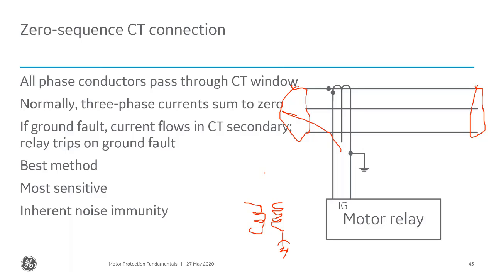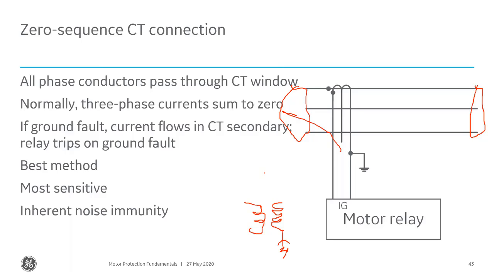If I try to pass 10,000 amps through a CT that's 50 to 5, I'm going to saturate that CT. So for this solidly grounded system, this zero sequence CT isn't necessarily a good protective solution.